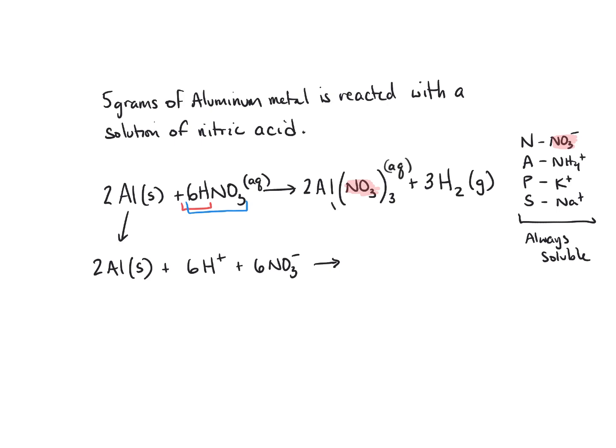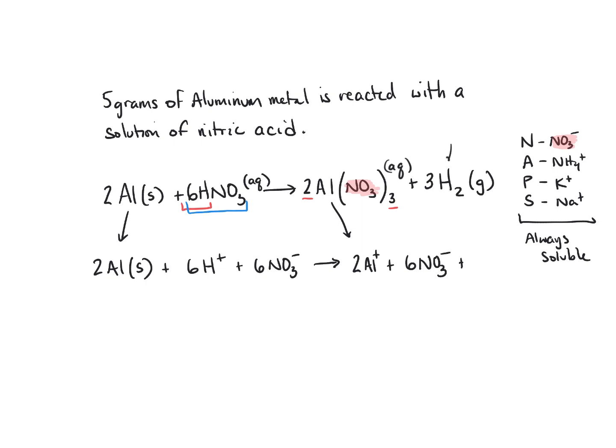So that tells us here we're going to have 2 Al 3 plus, and now this gets tricky because we have 2 and 3. That means we have 2 Al(NO3)3s, which means we have 6 NO3s. So that's going to be 6 NO3 minuses. And then H2 is now a compound.